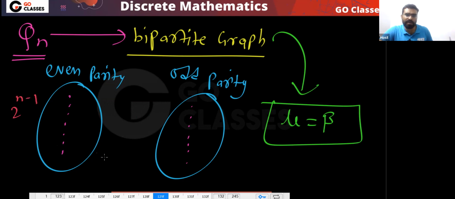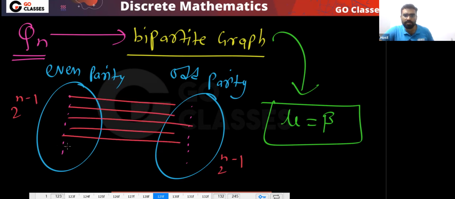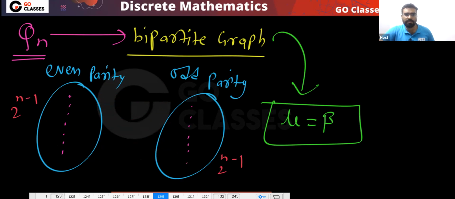For example, 2 power n minus 1 vertices are here, and 2 power n minus 1 vertices are here. So you can create this type of matching.